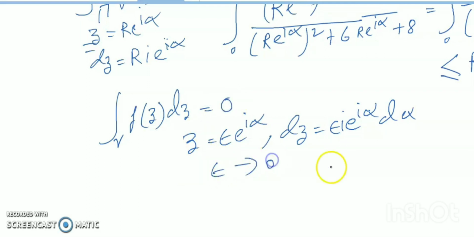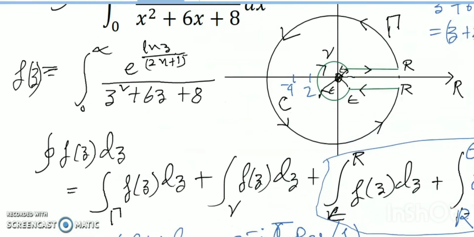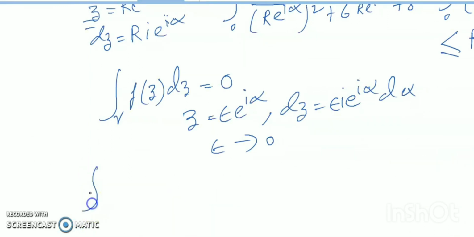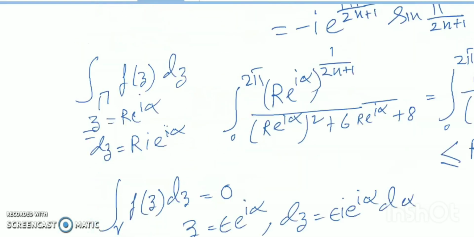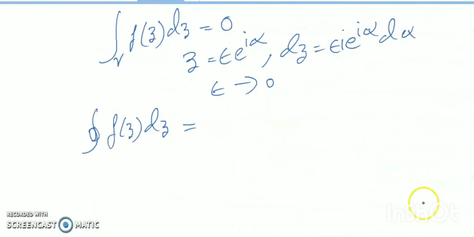So whatever I get, these two factors, the integral of f(z) dz equals the integral from epsilon to r of f(z) dz plus the integral over the arc of f(z) dz.